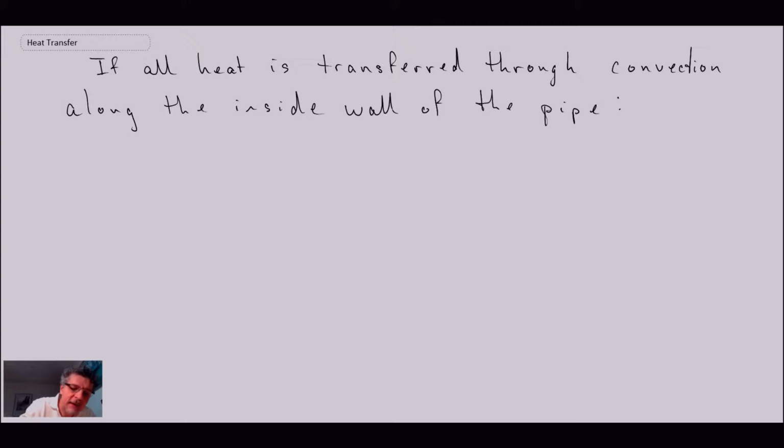If all of the heat is being transferred along the inside wall of the pipe, we can write out Fourier's law in this manner. Now, this T wall could also be expressed as T surface. And then this is the fluid temperature, Tm, or the bulk fluid temperature. So this is what we have been looking at.